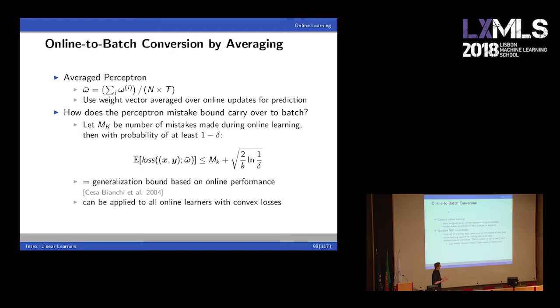Ideas of where this applies in real life are online advertising, where you see new users looking at ads, or personalization for web pages. New web pages pop up, new users come in.